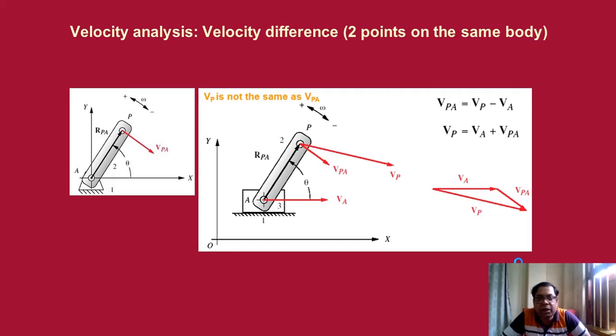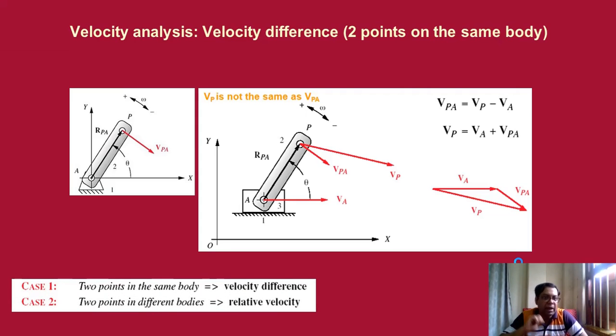Now at any arbitrary point, when PA is making an angle theta with the horizontal, we have to find out two cases. Case 1, two points in the same body, which is the velocity difference, and case 2, two points in different bodies, which is called relative velocity.